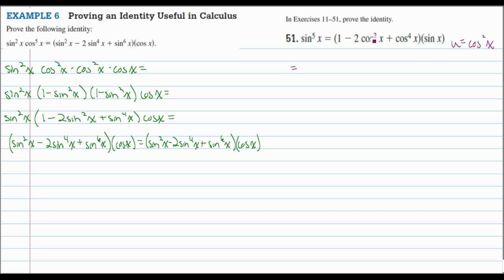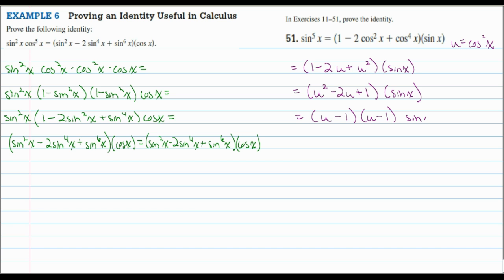So now I can rewrite the right hand side as 1 minus 2, now instead of cosine squared, I'm going to call that u, plus, now instead of cosine to the fourth, that's cosine squared squared, so u squared, times sine of x. I'm going to rewrite that as u squared minus 2u plus 1 times the sine of x, and I can factor that into u minus 1 times u minus 1, which is technically u minus 1 squared, sine of x.